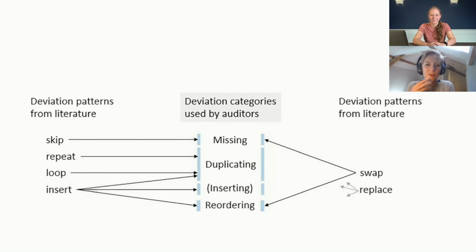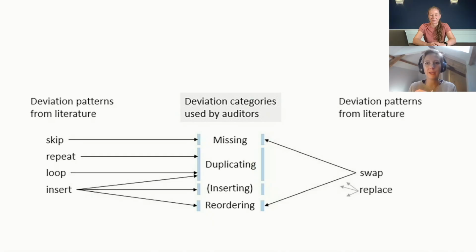But as you can see in the middle column, the lexicon that auditors use is much simpler. And do not get me wrong, this is without judging them. They take it more straightforwardly. So they only had, well, something is missing, something is duplicated, or something is reordered.